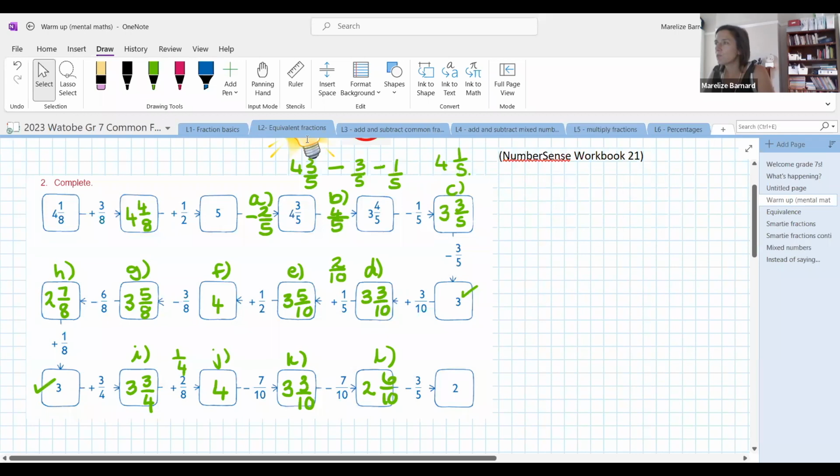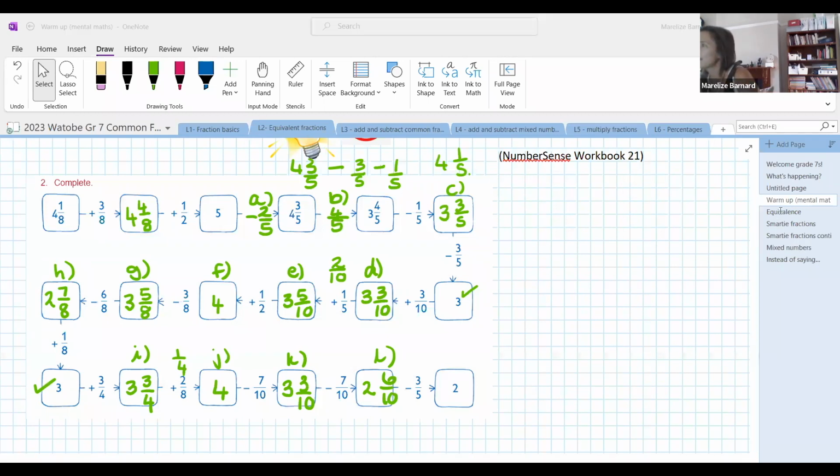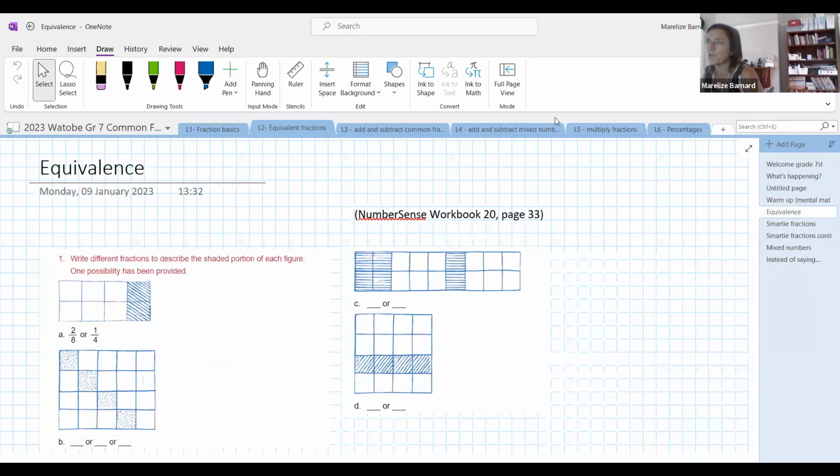We are going to do more Smarty fractions. But let's go here first though. Speaking of diagrams and fractions, we're just going to do this first. So I want you to just do the first 4 questions on your own. Don't put anything in the chat.